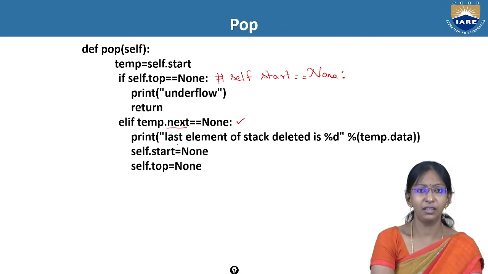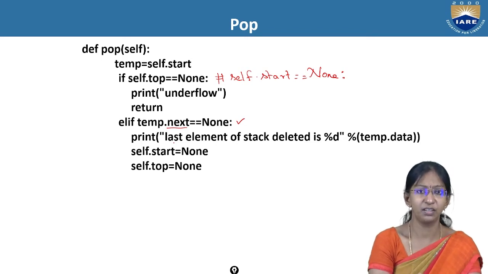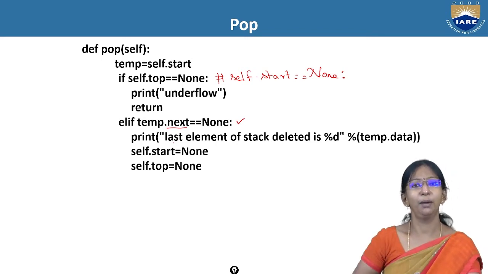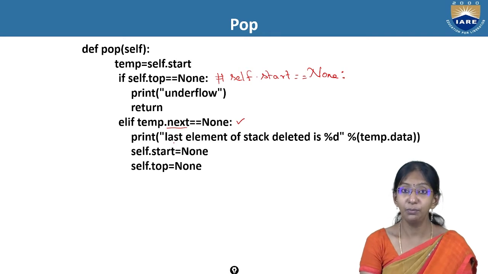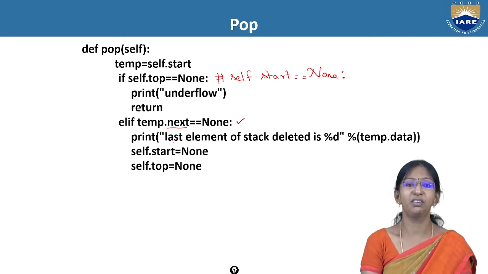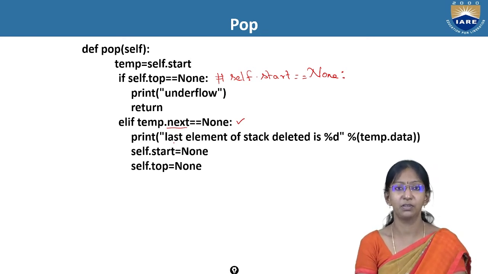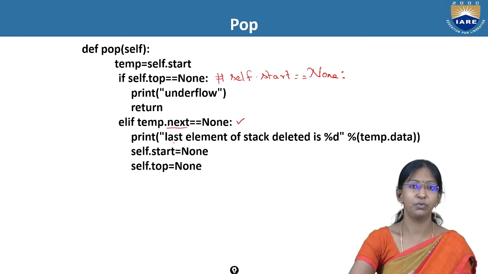It means that it is the only node, only one element is present in the stack. What will happen if we remove it? If we remove that, both the start and the top pointers must be reinitialized to None, saying that the stack is empty. After removing the only element present, the stack is empty now.